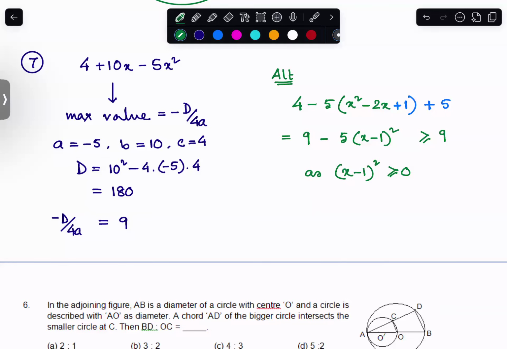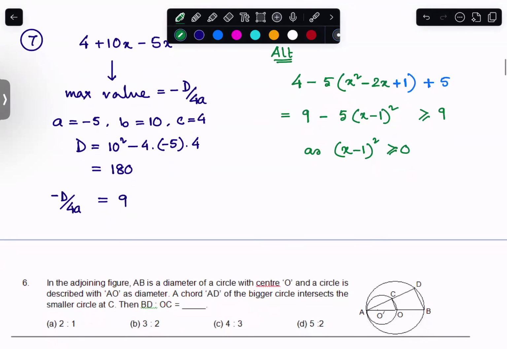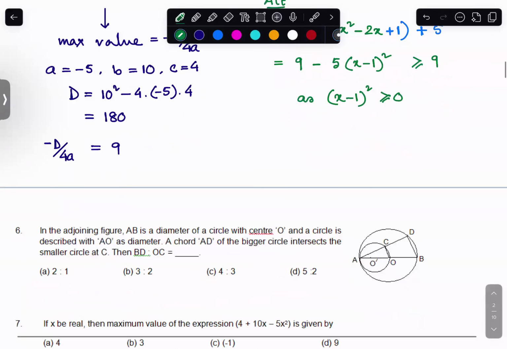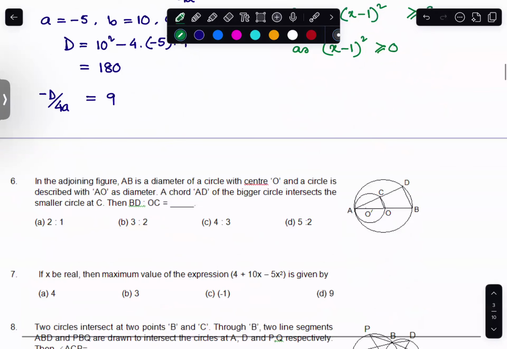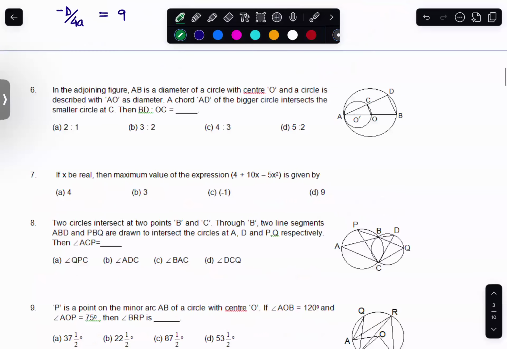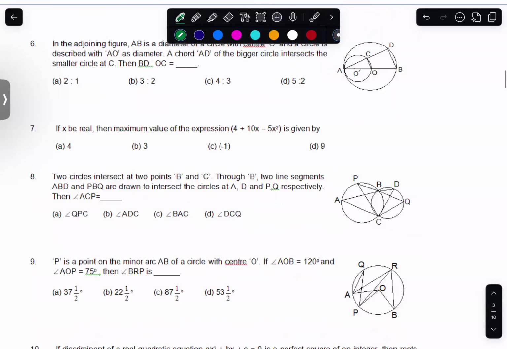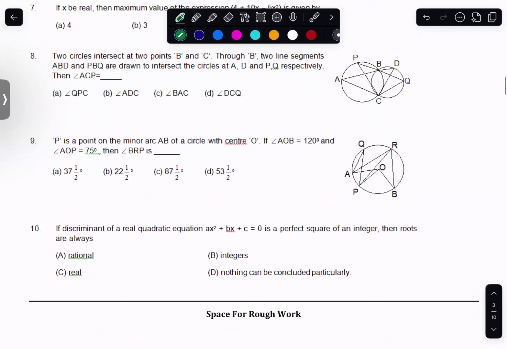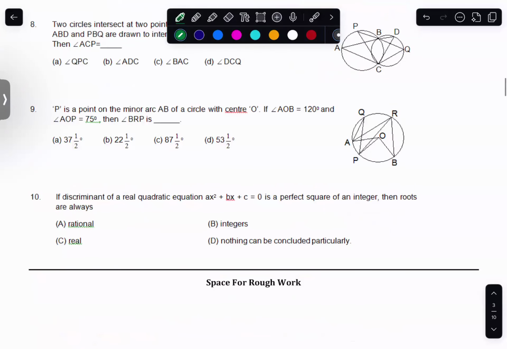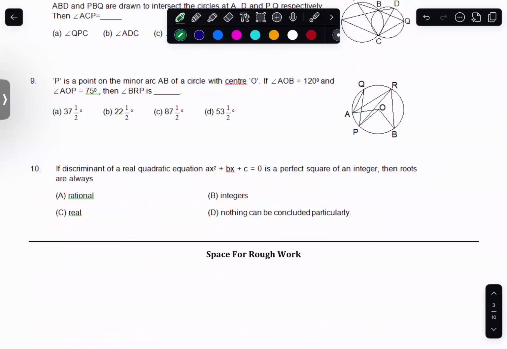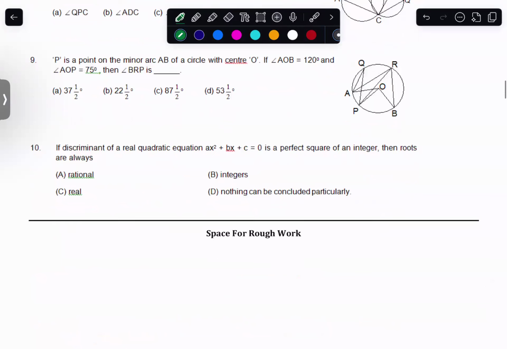Yes. Is the justification okay? So question number 7 and 8, both clear to all? Anything out of question number 9 or 10? Anyone?